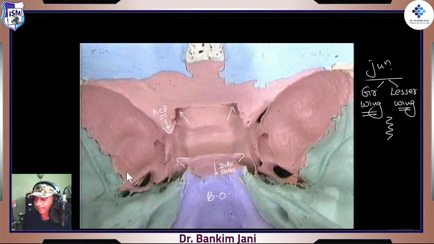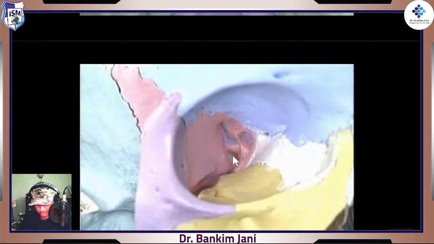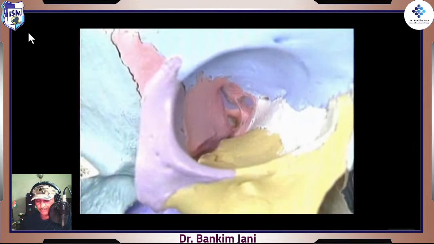There is a gap between them. So, see this. That gap is nothing but the superior orbital fissure between the greater wing and lesser wing. Right? Now, before that, we would like to say hello to this space. What is that? That was the optic canal.